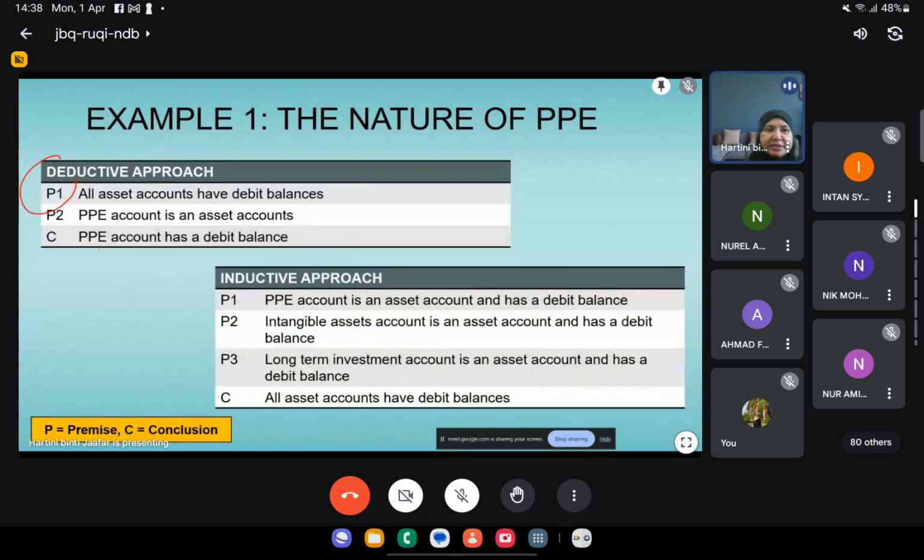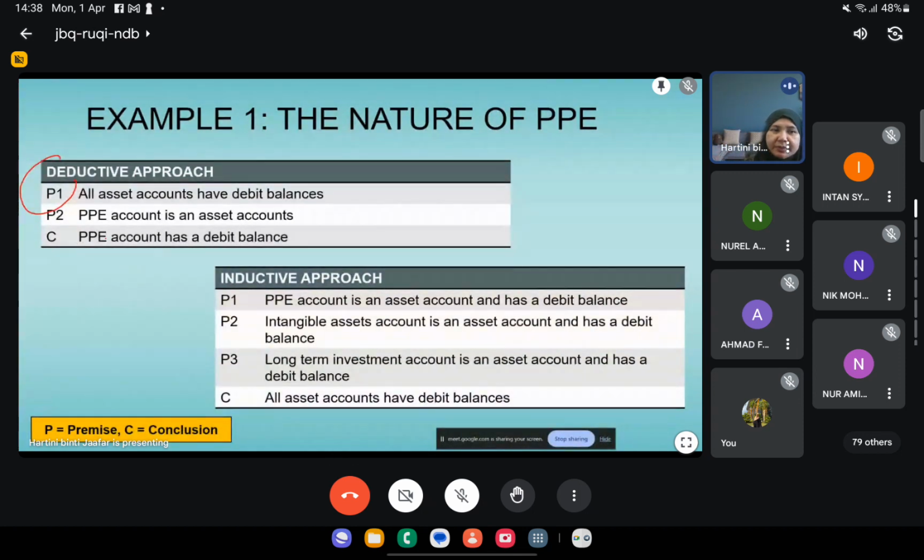Okay, so we see that PPE account is an asset account, cash account is an asset account, it has debit balance dan sebagainya. Kita tengok, observe. So at the end of the day, our conclusion is that PPE account has a debit balance. So that is deductive. We deduce from our general principle.